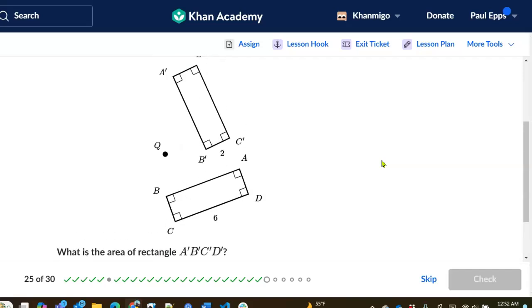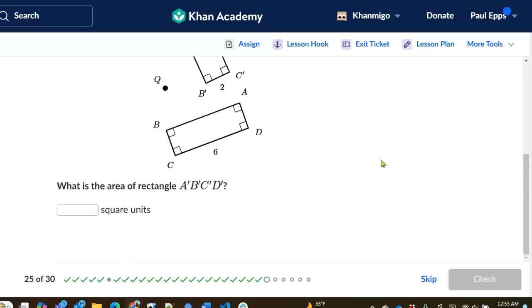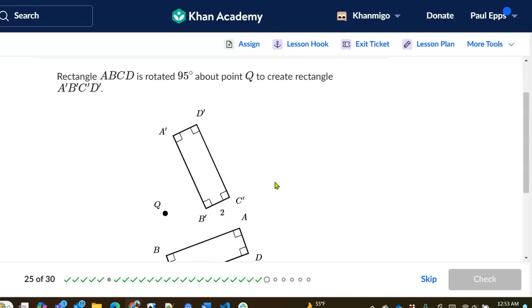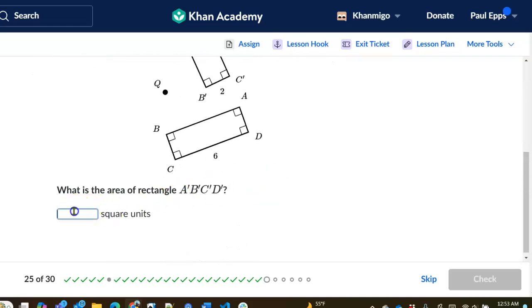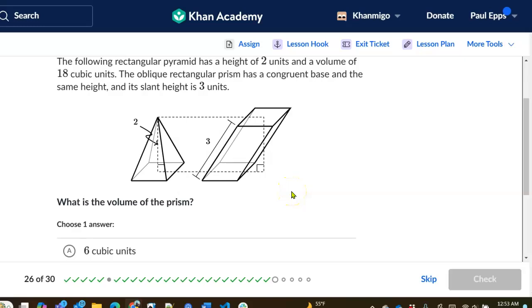Okay, so if you rotate it, the measurements are going to be the same, so it's just 6 times 2, length and width, so that is 12. Oh boy. Okay.